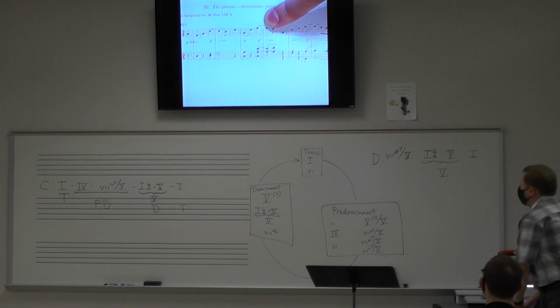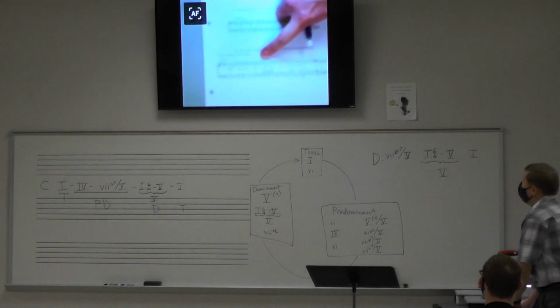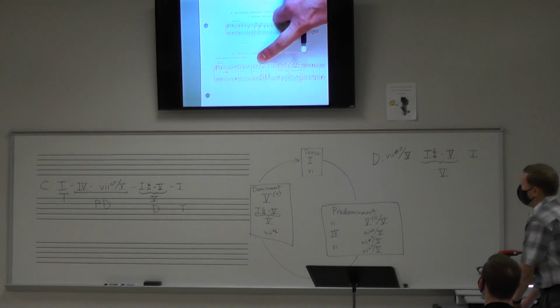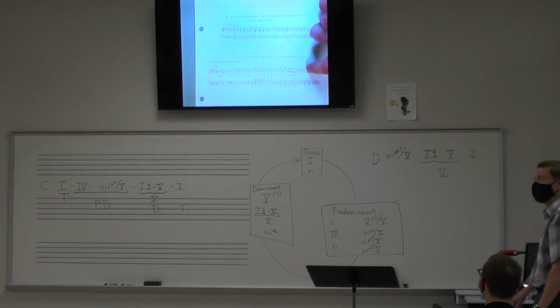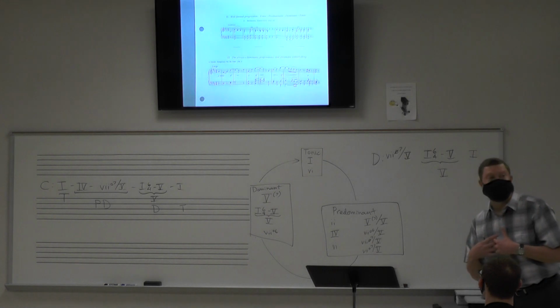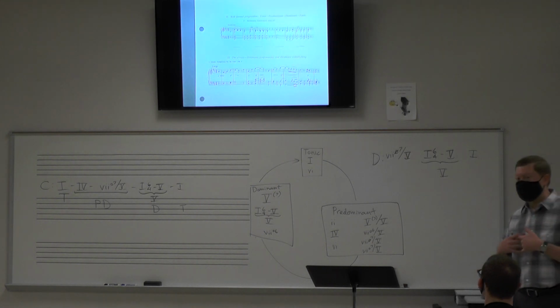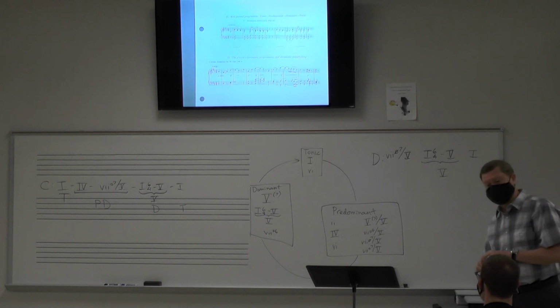Imperfect authentic. So what happens when you have two phrases and one of them ends with a slightly weaker imperfect authentic cadence and the last one ends with a perfect authentic cadence, a stronger one? What do those two phrases form? A double period. Not a double period, just a regular period. You remember these things? Oh yeah, okay.